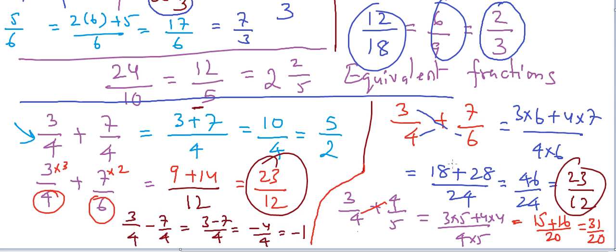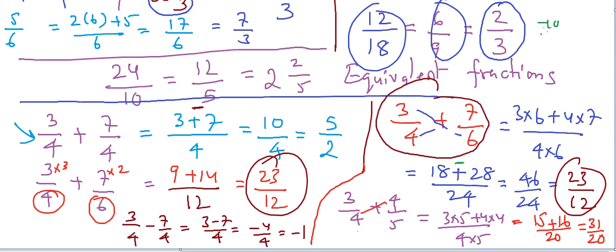Same way here, say 3 by 4 plus 7 by 6. Suppose instead it's 3 by 4 minus 7 by 6, then it becomes minus. Here you will get 18 minus 28. 18 minus 28 is what? Minus 10.